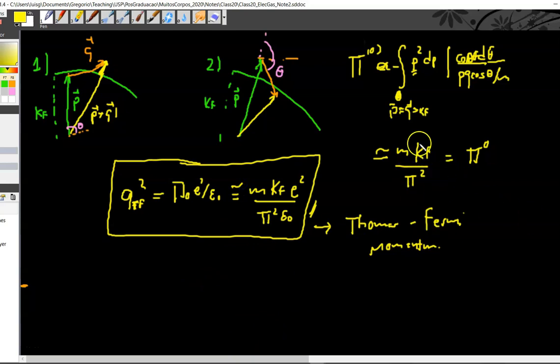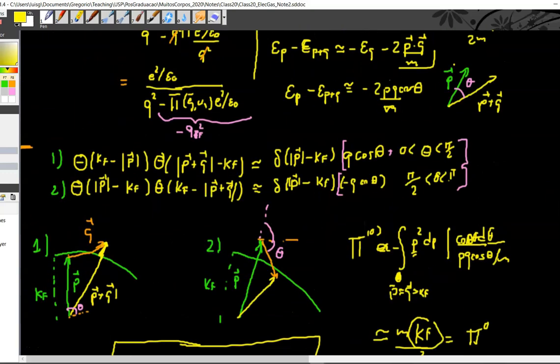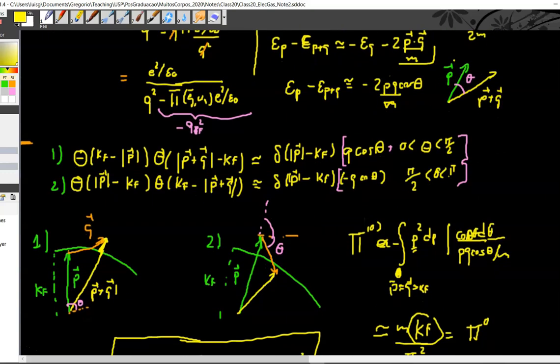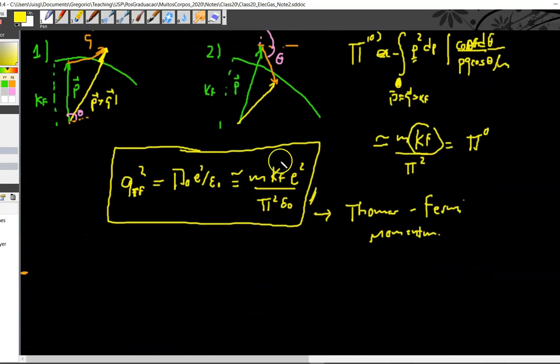Anyway, the point is that this pi would be of order kf, and so will kf squared. So you can notice that K Thomas-Fermi would be of the order of the Fermi wavelength.